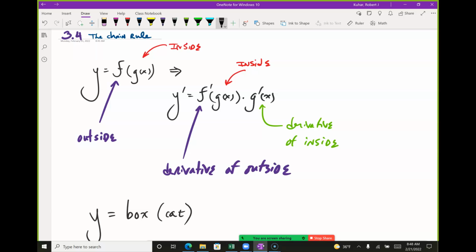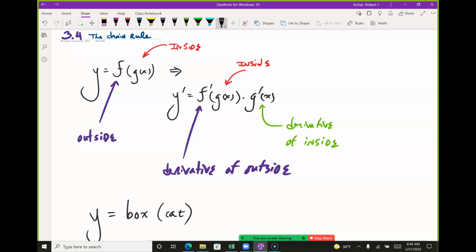So I'm finding out how the box is changing with the cat inside, and then I'm multiplying by how the cat is changing, right? Yes. So the cat, imagine the cat jumping around in the box, it's going to make it move down the hill differently than if the cat is just sitting still, right?